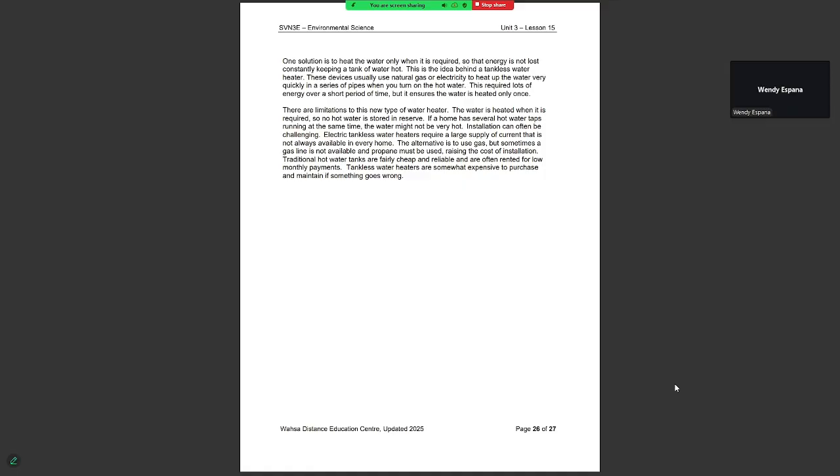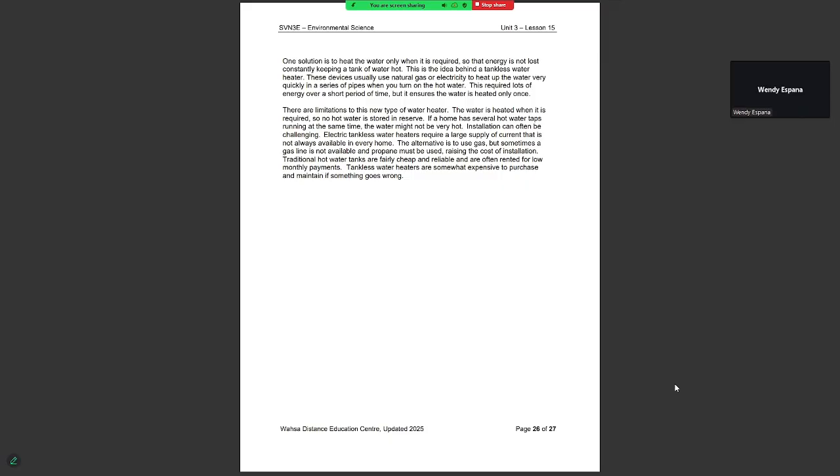Propane heats my tankless water heater. When you turn on the water, it gets heated when you turn it on. There's no hot water in a tank waiting to be used. And so you turn on the tap and it produces hot water as you need it.